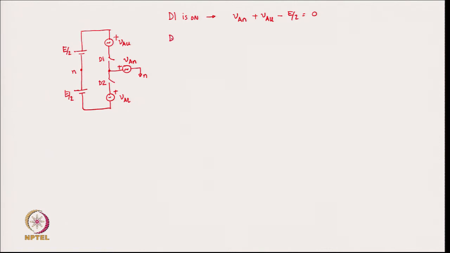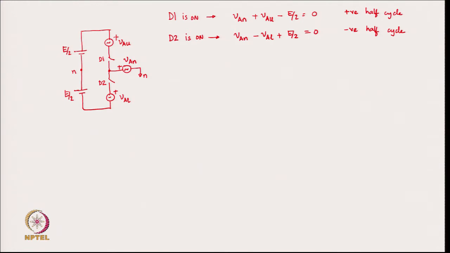Now, in the next portion D2 is on, the next half cycle. This is the positive half cycle of the AC waveform, and this is the negative half cycle of the AC waveform. During this time D2 is on, and so the equation is VAN minus VAL plus E by 2 is equal to 0.